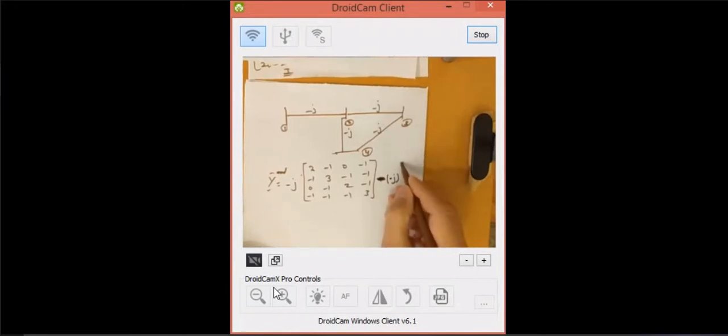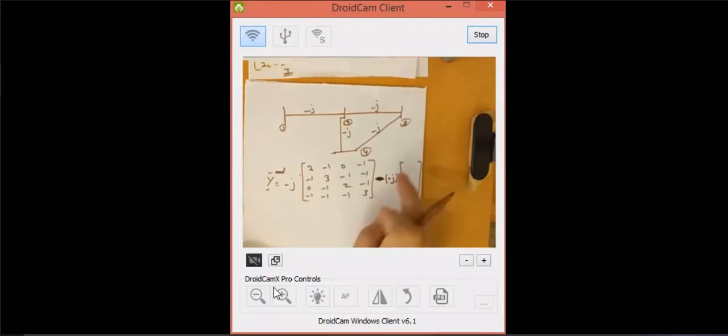So at 1 we have 1, at 4 we have minus 1, so here 0 0. It's not affecting line number 2, 3, number 4, this is minus 1 0 0 1. So just add it together now.